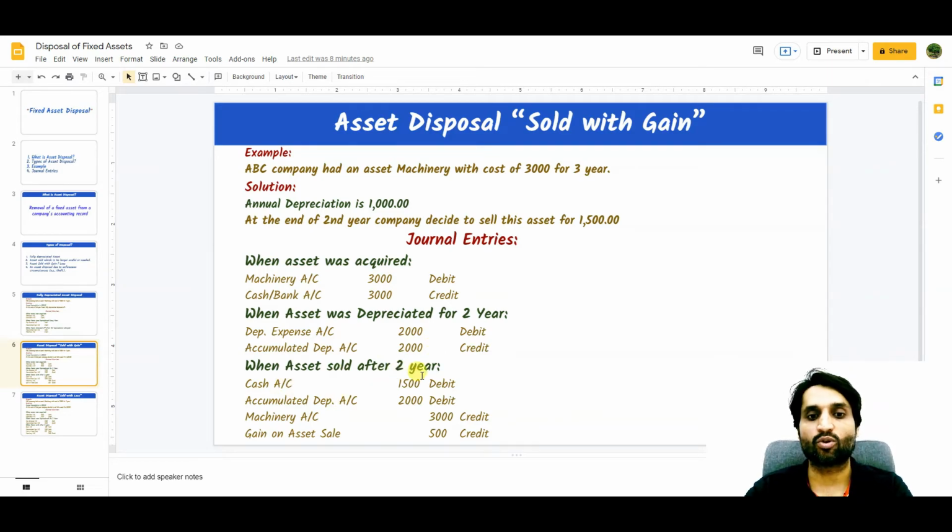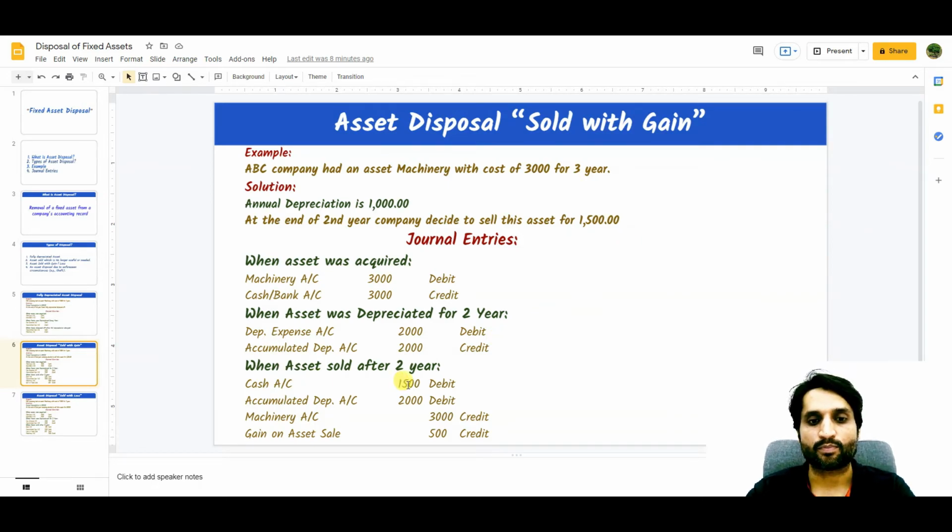When the asset is sold after 2 years, we sell it for 1,500, and the remaining value of the asset in our books is 1,000, because 2,000 has already been depreciated: 3,000 minus 2,000 leaves 1,000 in our books of accounts. We sell this asset for 1,500, so we earn 500 as income.